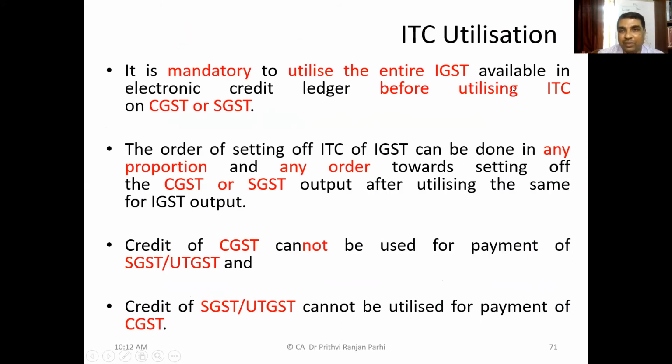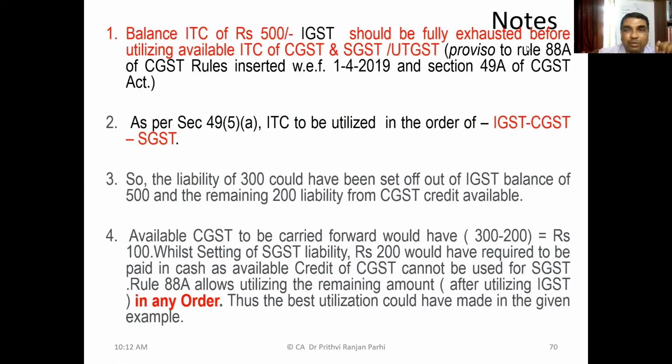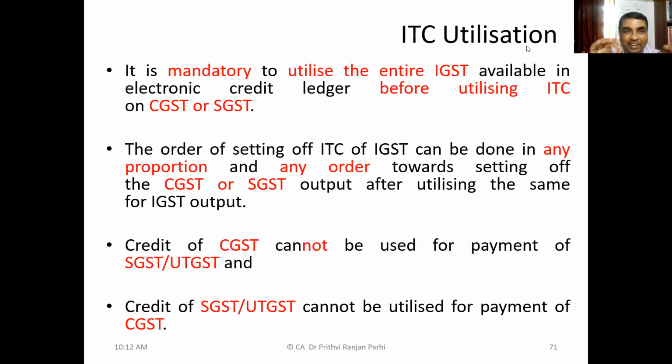A little more will be understood now. Because of that development, that notification which I showed you, which came after 1/4/2019, we have to take care of this through additional things. It is mandatory to utilize IGST available in the electronic credit ledger before utilizing ITC from CGST and SGST. That means IGST credit has to be adjusted first.